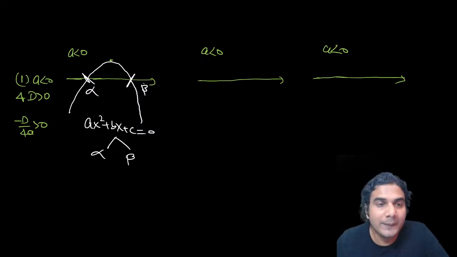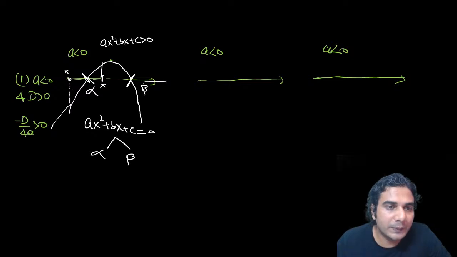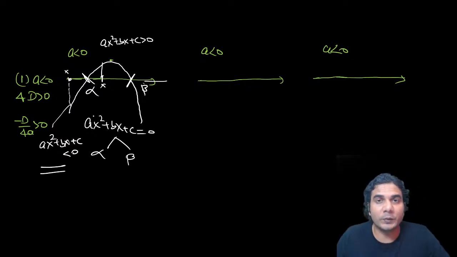You can see when x is somewhere between the roots, ax square plus bx plus c is going to be positive. When x is somewhere here or here, if you take x here, then ax square plus bx plus c will be negative.